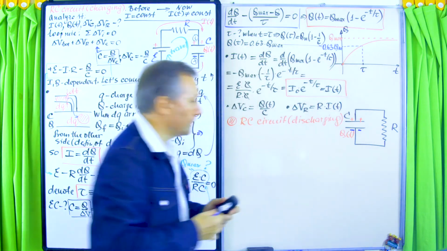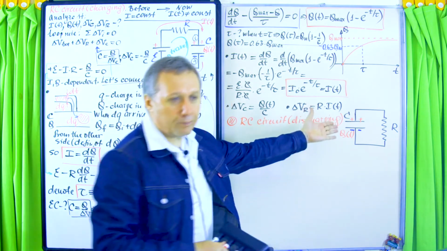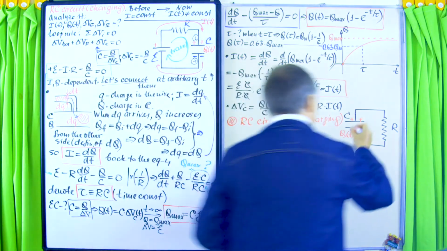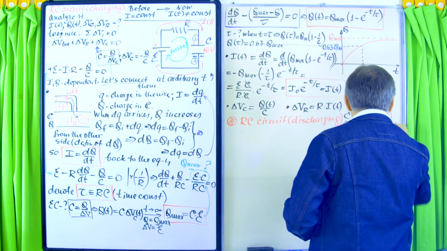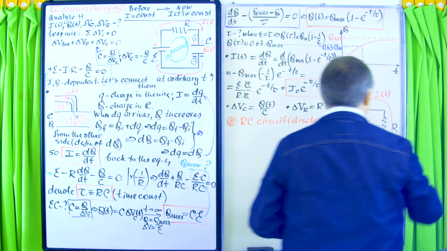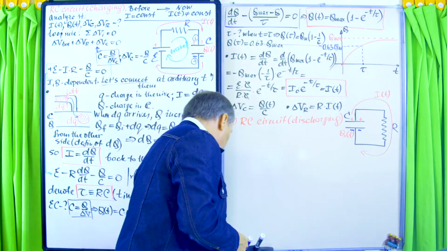Right. And current, of course, is going to flow from plus to minus. Okay, from the positive electrode of the capacitor to the negative electrode of the capacitor, right? So this will be the current I. And again, it's a function of time. Right. Okay, and so what?